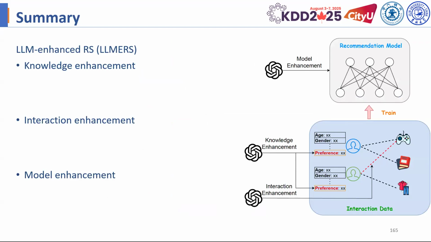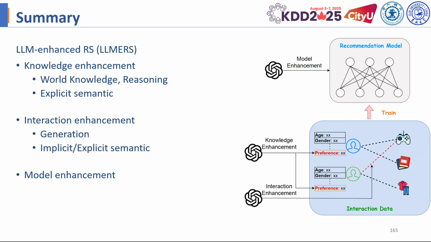To begin with, let me summarize today's tutorial. From our previous session, we can categorize existing LLM enhancement solutions for recommendations into three categories. That's knowledge enhancement, interaction enhancement, and model enhancement. The knowledge enhancement utilizes the world knowledge and the strong reasoning ability of LLMs. This sort of solution typically enhances traditional recommender systems with explicit semantics.